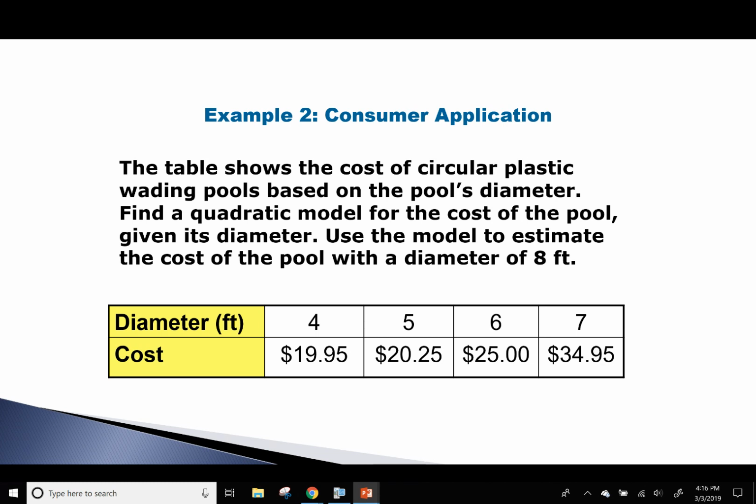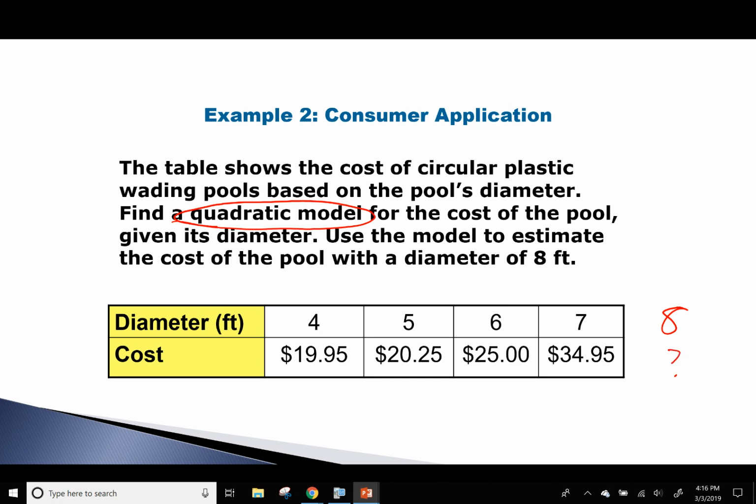Use the model to estimate the cost of the pool with a diameter of 8 feet. So basically, we have this information in this table. I need to find a quadratic model, which just means a quadratic equation. I need to find an equation that fits this data in my table, and then use that equation to estimate how much 8 feet diameter will cost.